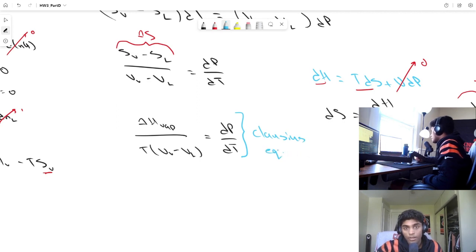But in order to get over to the Clausius-Clapeyron equation, we need to make the assumption that we are working with an ideal gas. And so with that assumption, let's move on with our derivation.